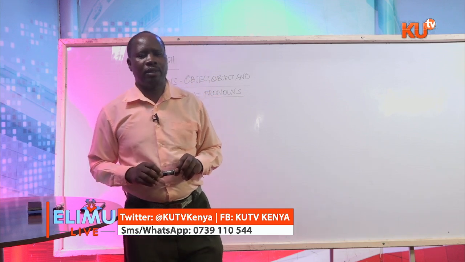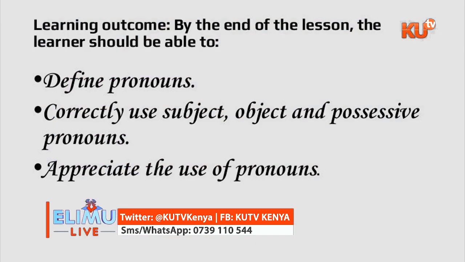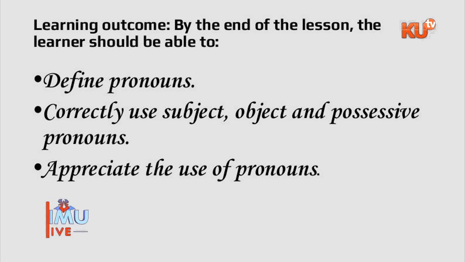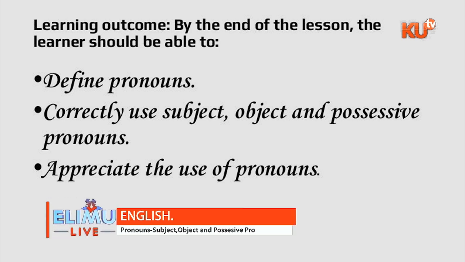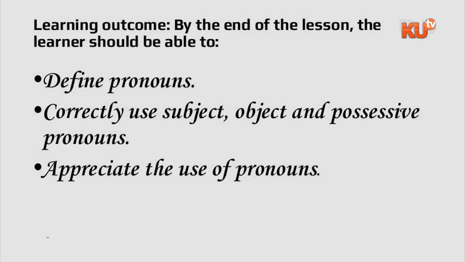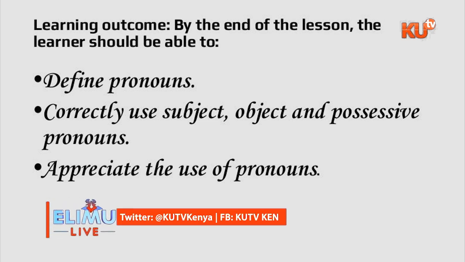After defining a pronoun, you should be able to correctly use subject pronouns, object pronouns, and possessive pronouns. Then, last but not least, each of my learners should be able to appreciate the use of pronouns.